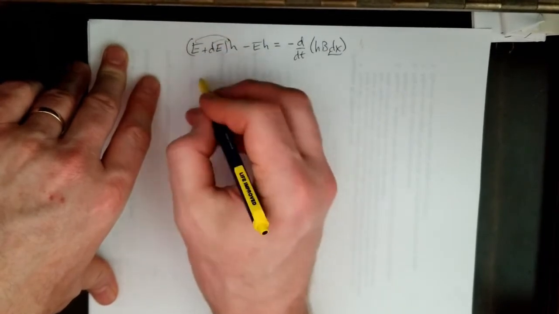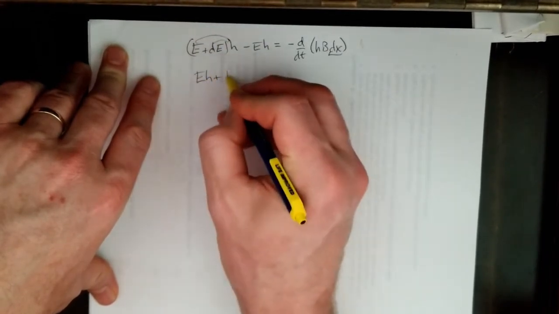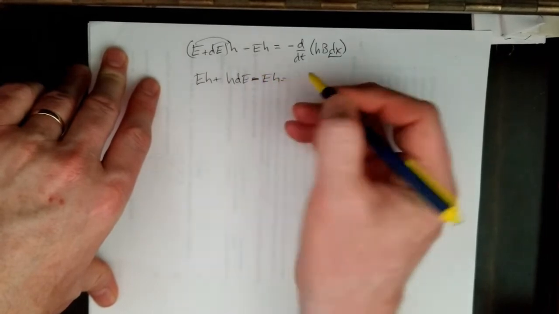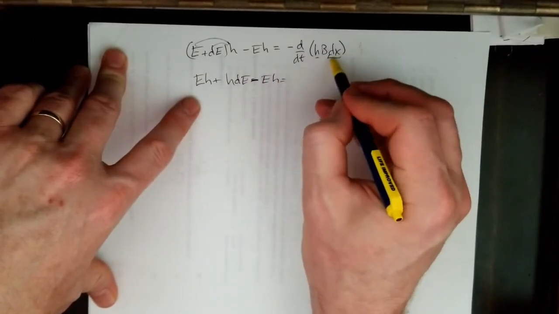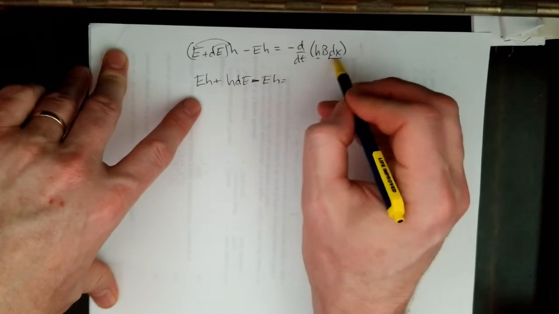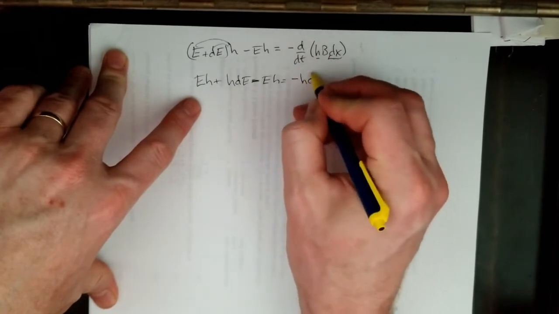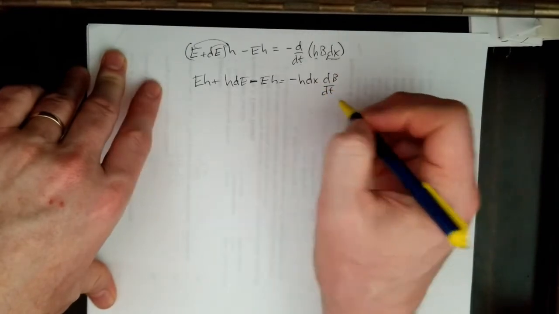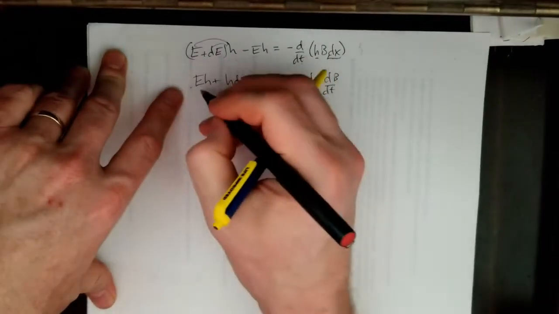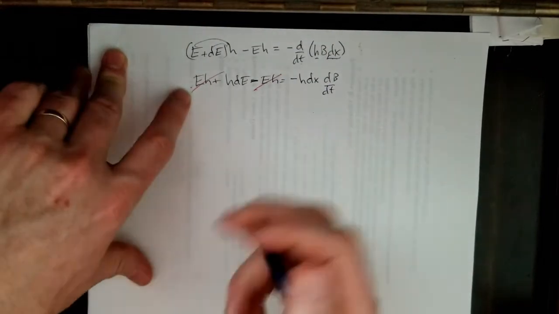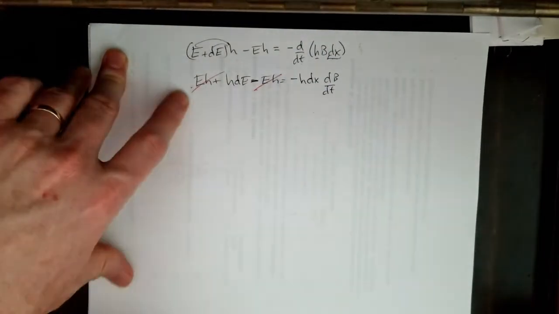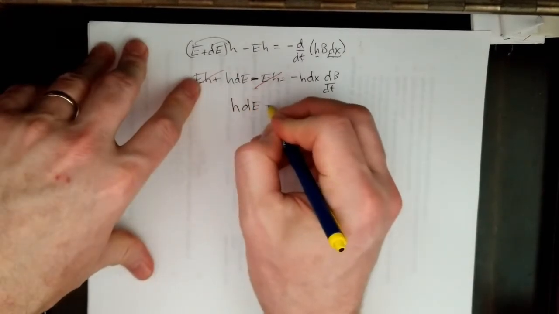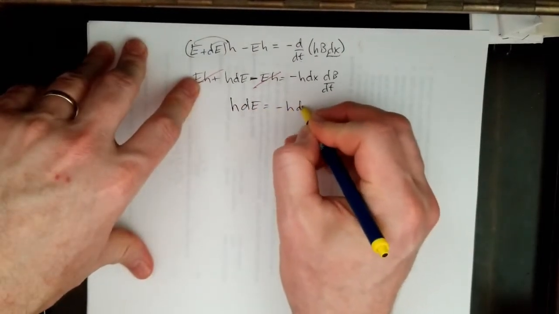If we distribute, we have EH plus H dE minus EH is equal to, well, H and dx don't change with time, so this becomes negative H dx times dB/dt. My EH's cancel. And so we have H dE equals negative H dx.